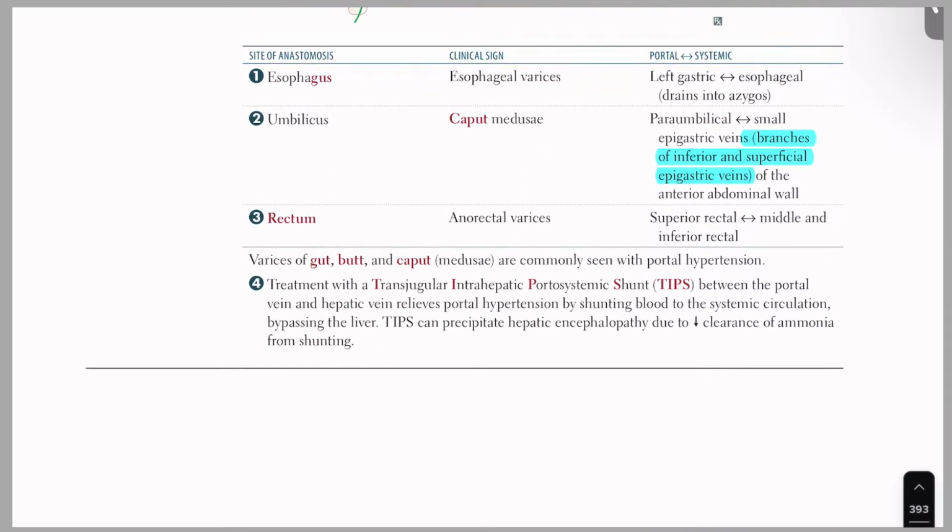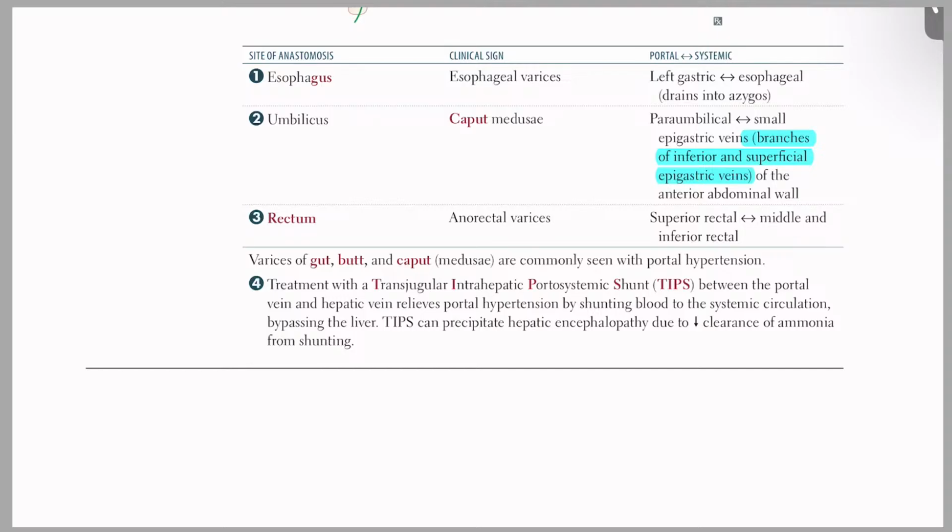Site of anastomosis, clinical sign: portal-systemic, esophagus, umbilicus, rectum. Esophagus: esophageal varices; left gastric drains into esophageal veins, which drain into azygos.